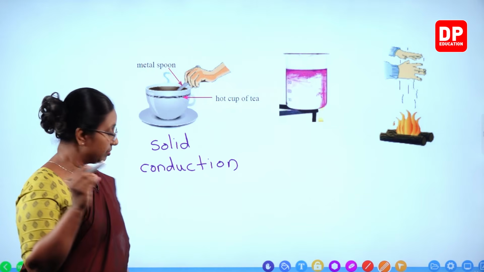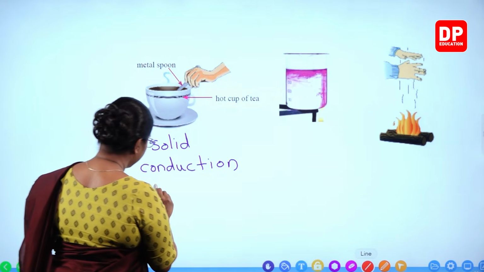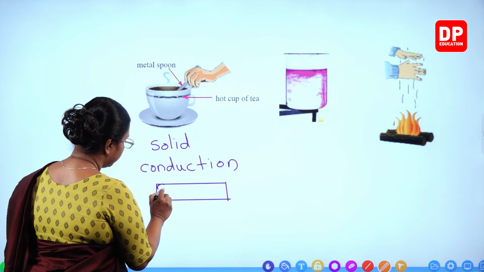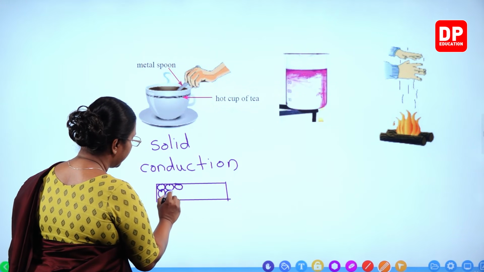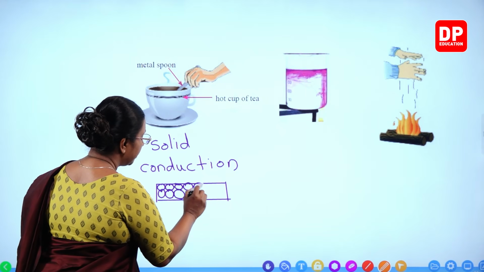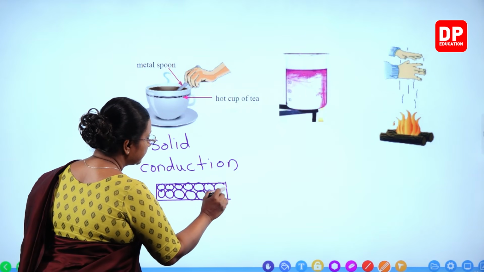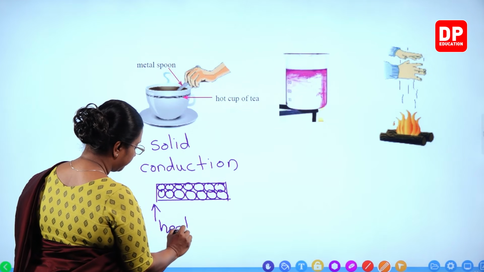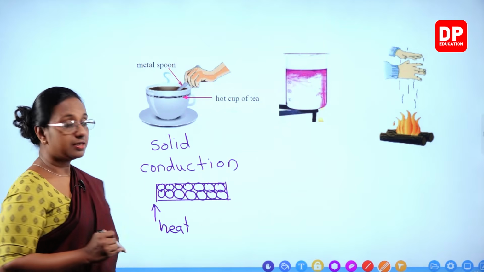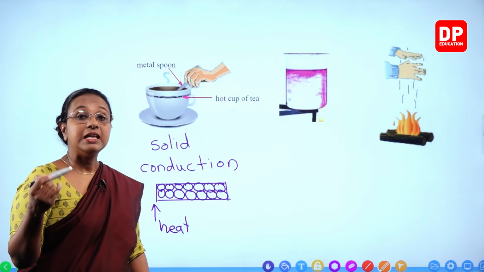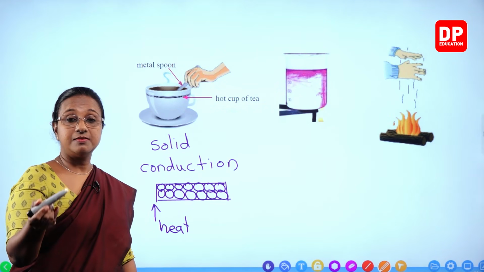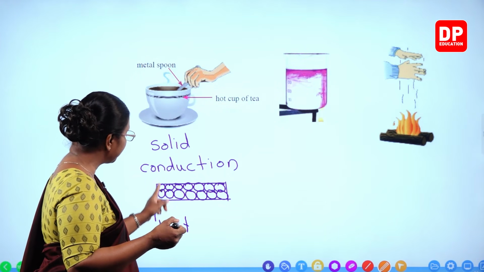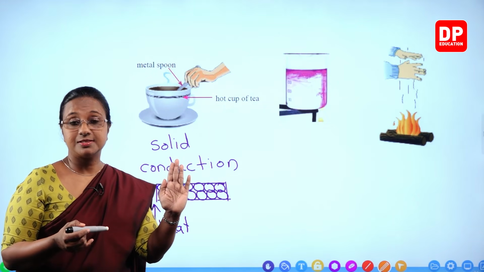How does this happen? You can remember, students, when you have a solid material, there are the constituent particles. Usually you can take any metal as an example. When you provide heat to one end of it, the constituent particles absorb heat. Heat energy, that is thermal energy, is converted to kinetic energy. Then due to the kinetic energy, these particles start to vibrate faster.